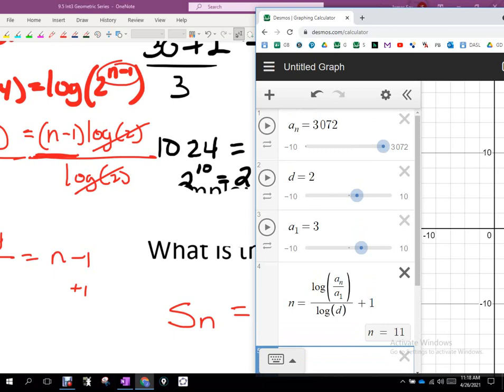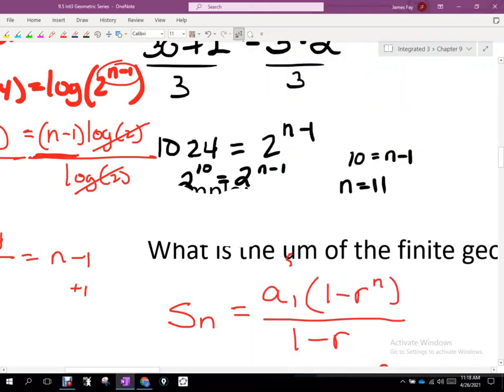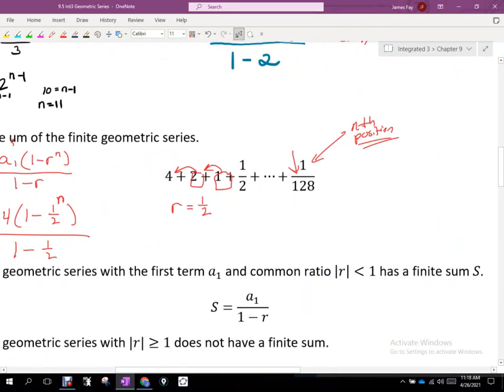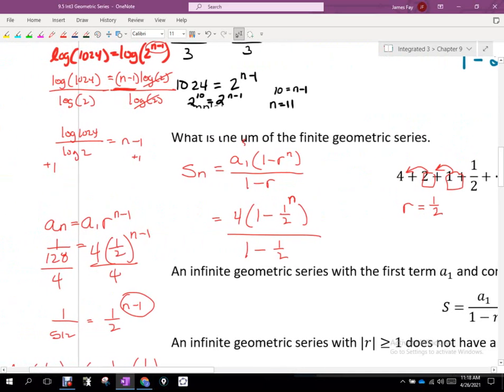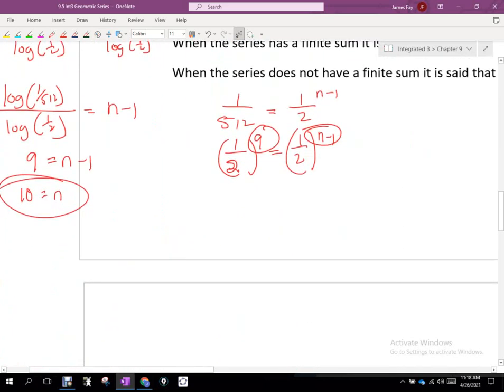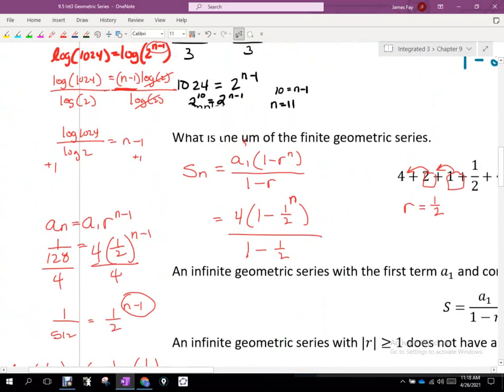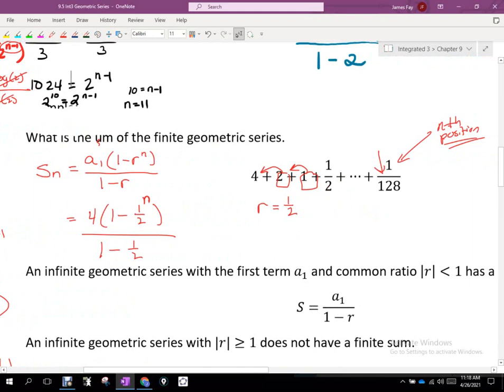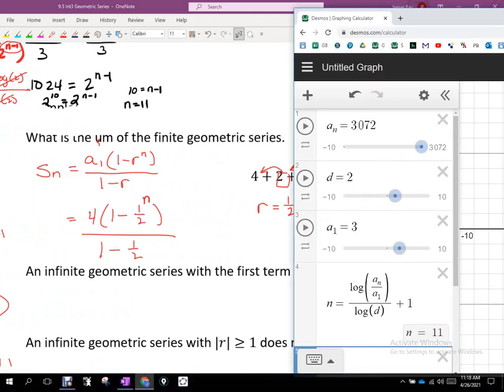So what we have here now is a program that will go through all of this work for us, and it will tell us, let's say for this one here, I want to find out this nth position, which we found out on Thursday was 10. Okay, so there's 10 terms from 4 all the way up to 1/128. I'm going to see if I can get the same 10 here.